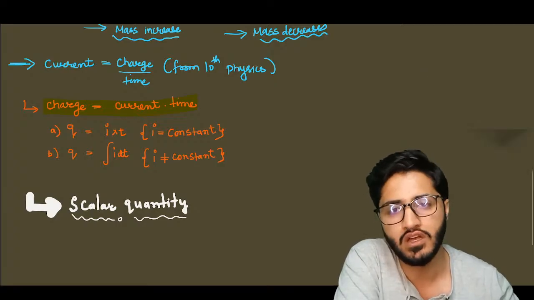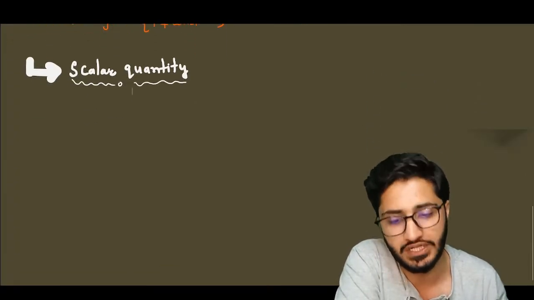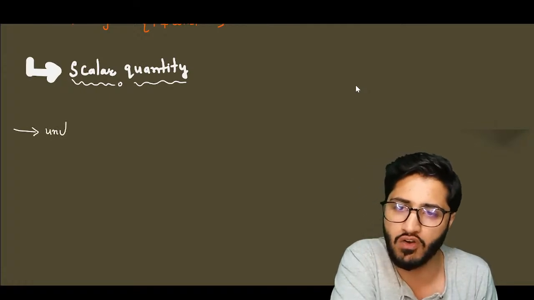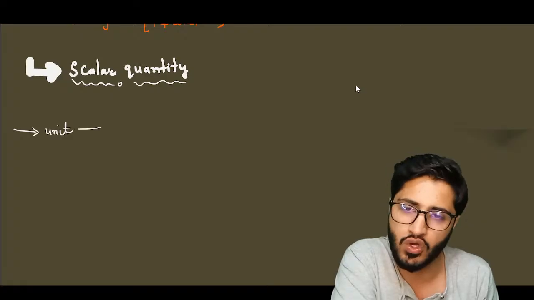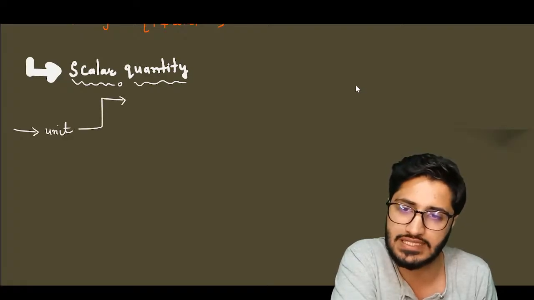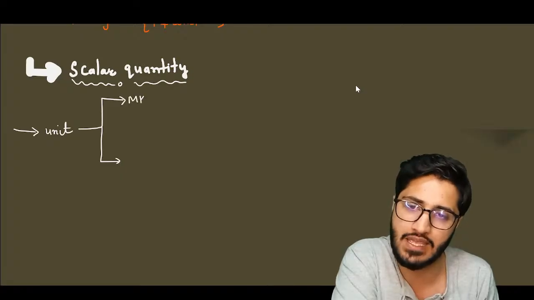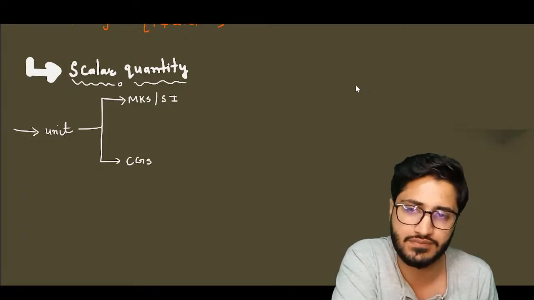Now if we talk about the unit of charge, we know that we have two big systems of units. One is MKS, also known as SI. One is CGS. Done.